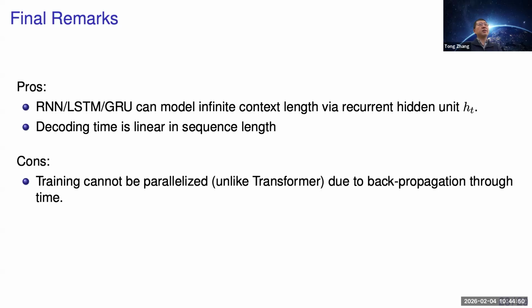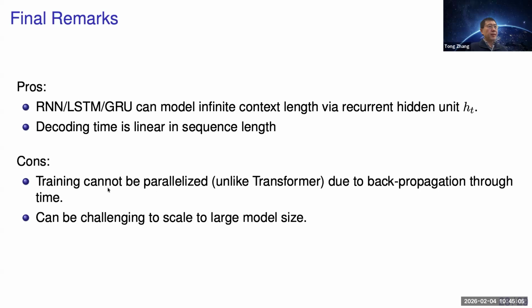When model size becomes larger, the performance also scales. Not every model is like that, for example some CNNs don't. Due to the implementation through time, these models can be challenging to scale to large models, both for training and for other issues. So this is still a lot of current research.